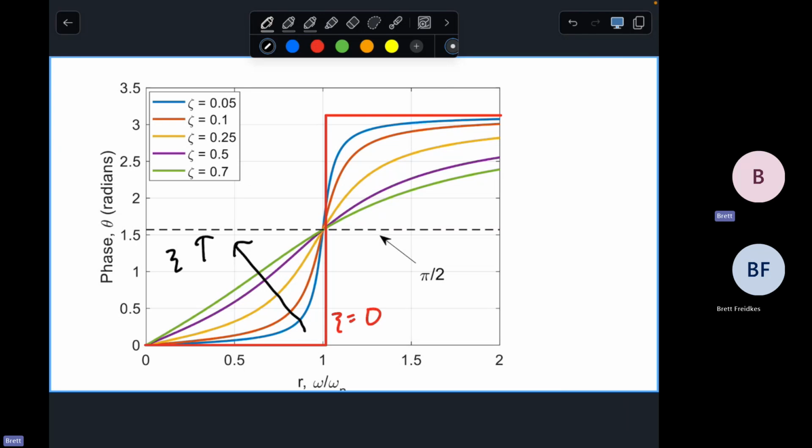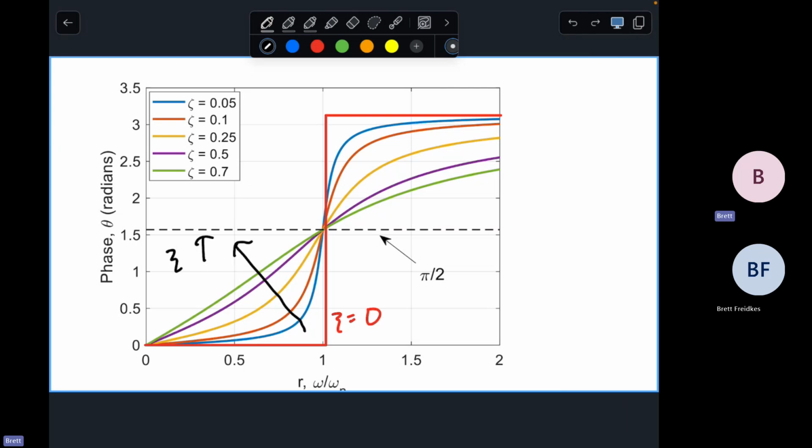The blue one here is 0.05, 0.1, 0.25, etc. Because we are getting larger damping, we end up deviating away from that ideal behavior. The phase is transitioning in a more gradual sense because the damper's presence is slowing the mass down. It's delaying it compared to the input force. So we end up introducing this phase difference between them. Is that okay?